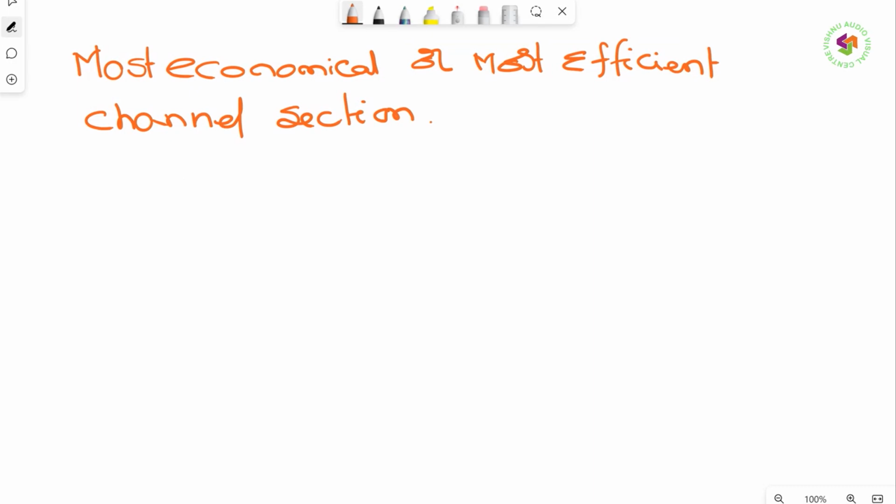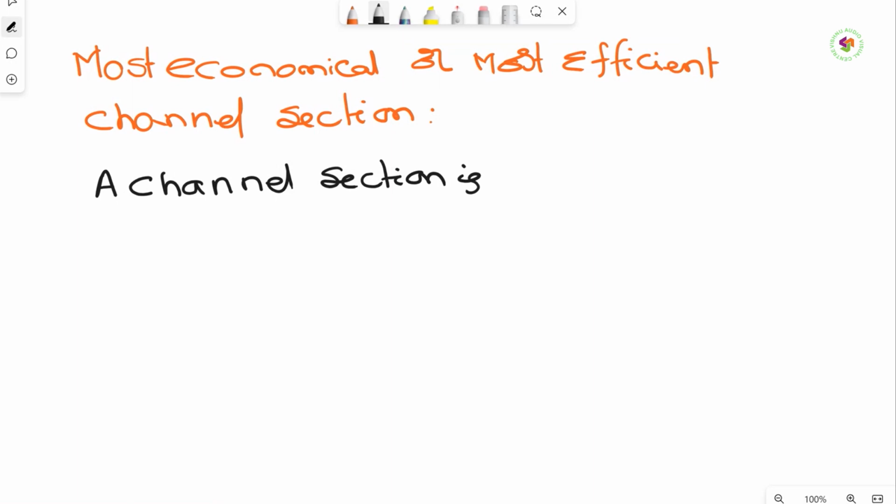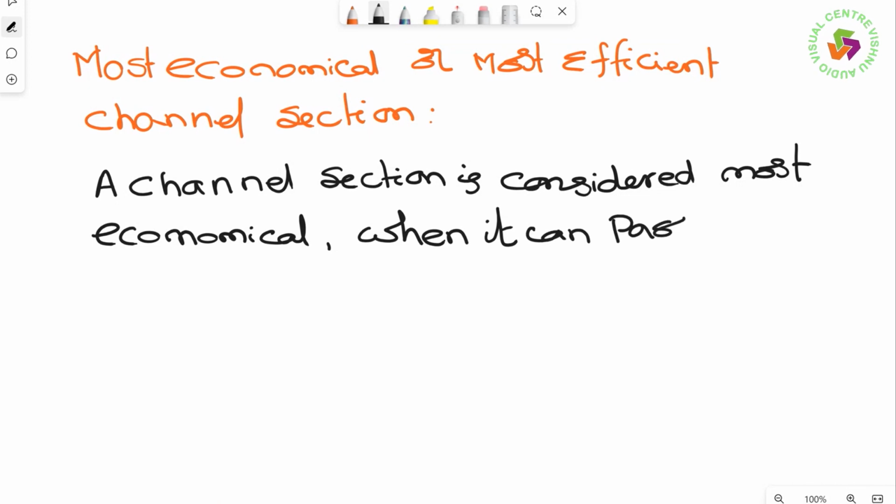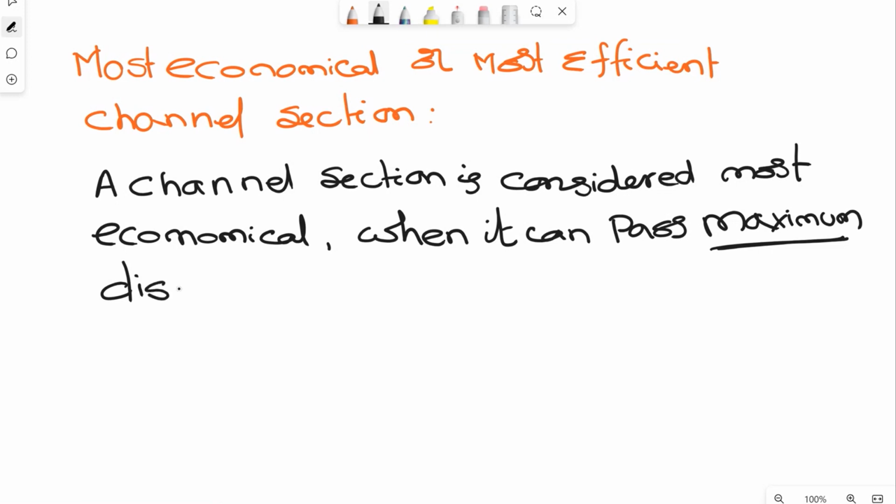A channel section, just now I told you, is considered most economical when it can pass, please see, when it can pass maximum discharge.